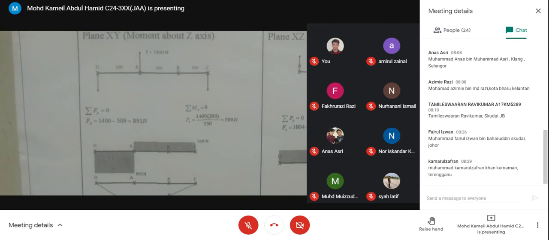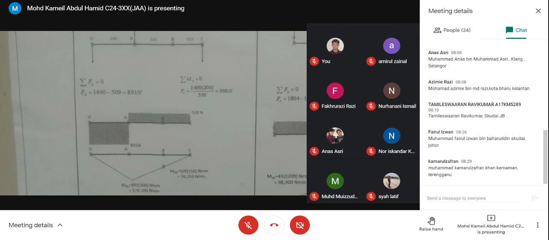FO at O is 891. So for shear, that is the shear diagram. Go down 891, then horizontal 891, at point A go back up 891, then up another 509. So that is the shear.